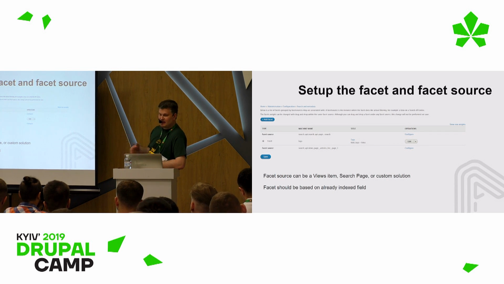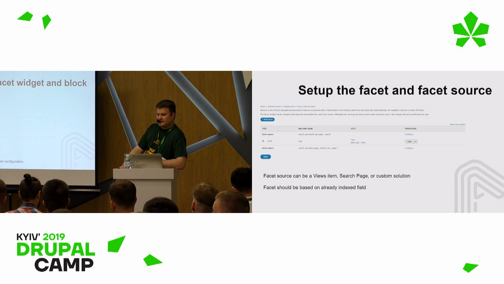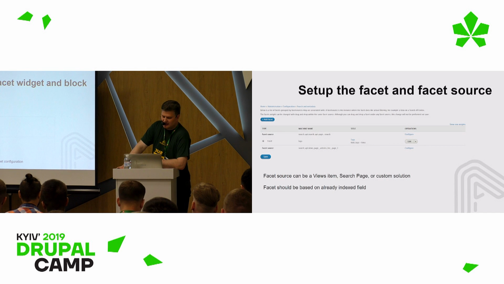And a facet can be applied to views or search pages, or also to a custom solution. When creating the facet, we need to set up a widget for this facet. It can be, for example, as you see, a dropdown or a list of links or checkboxes, etc. And then we will have a block which can be placed on a specific page.